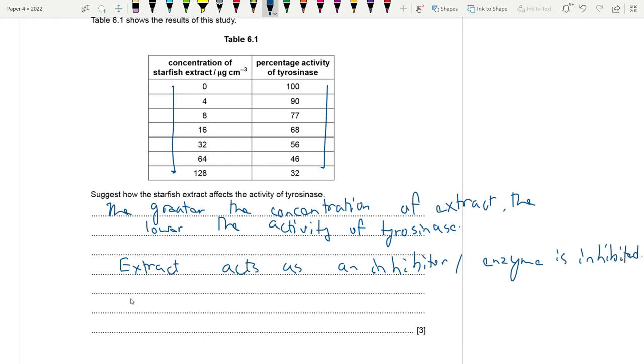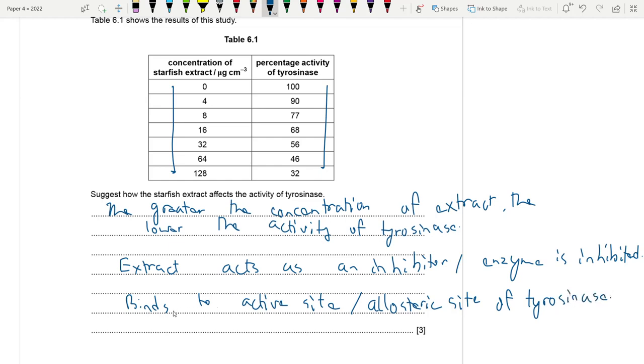How? The extract binds to the active site. It could be acting as a competitive inhibitor, or binding to the allosteric site. Do you remember this? It's basically a site other than the active site which causes a change in shape of the enzyme tyrosinase, right?